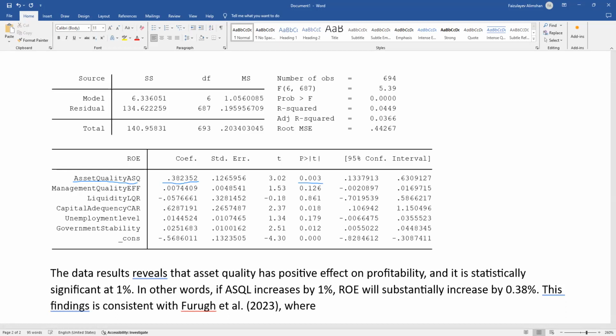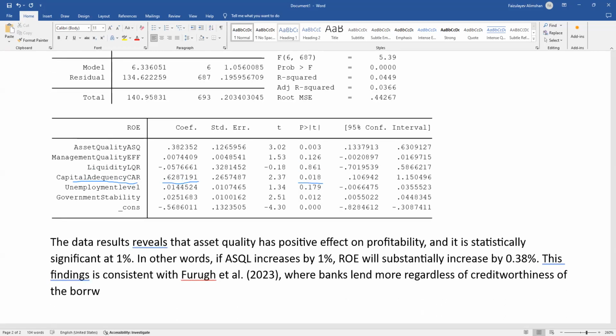Where banks lend more regardless of the creditworthiness of the borrower.